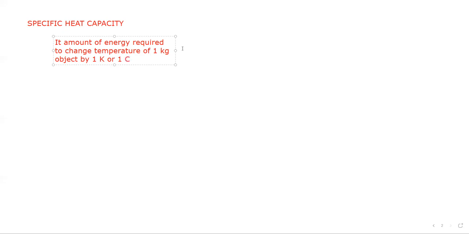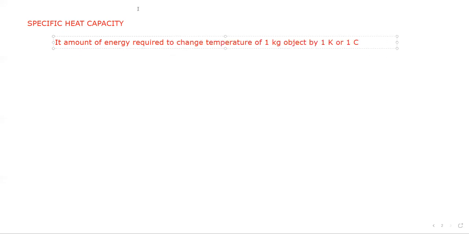That refers to specific heat capacity. And to calculate the specific heat capacity, it is equal to energy divided by mass times temperature change.